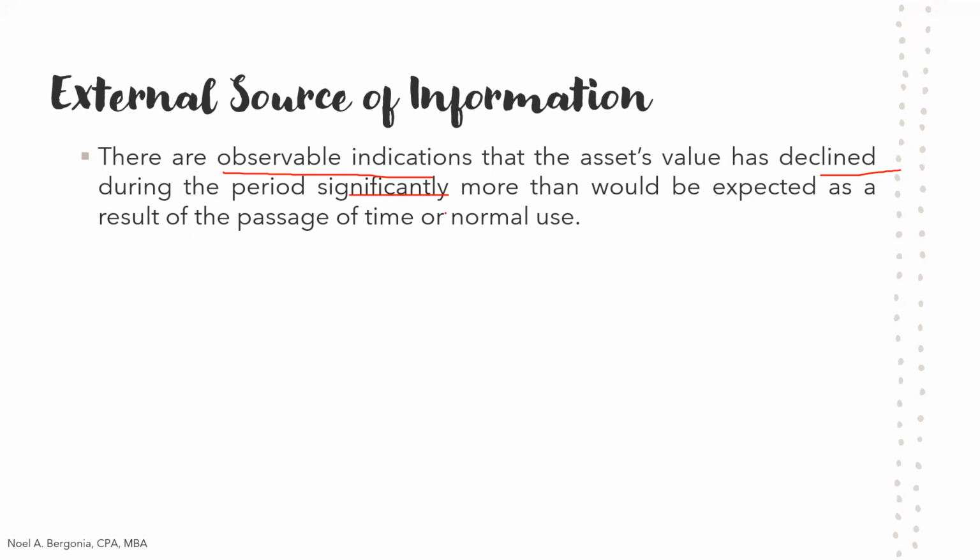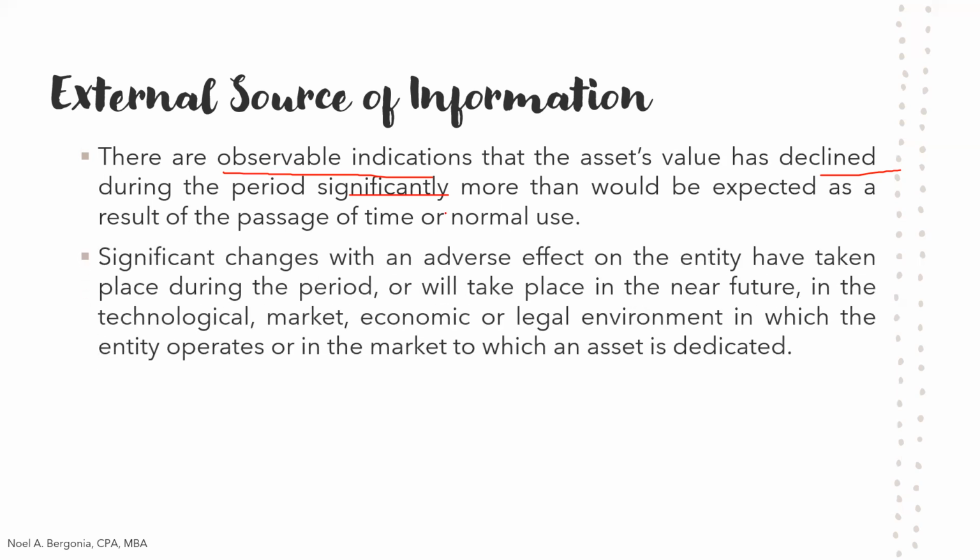Moreover, another external source would be significant changes with an adverse effect on the entity, that happen within the period or will take place in the near future, such as technological, market, economic, or even legal environment changes in which that entity is operating. For example, if you are using a machine that was up to date when you bought it, but after, let's say, 5 years, there is more advanced technology, it makes that particular asset you bought 5 years ago somewhat obsolete.